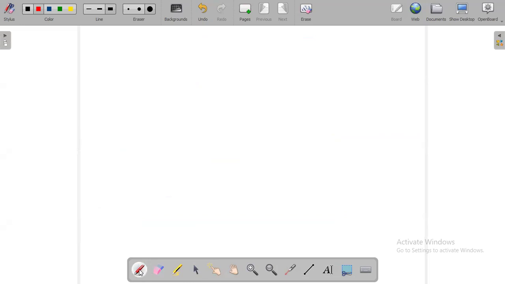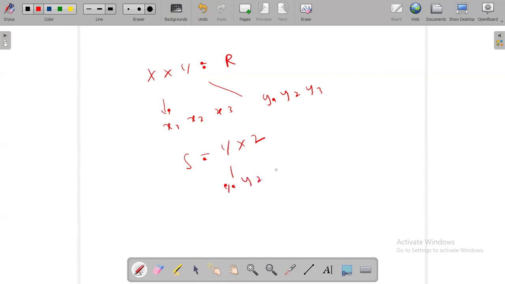Suppose I take two sets, x cross y, this is called a relation. Here x consists of x1, x2, x3 and y consists of y1, y2, y3. Now, one more relation, S equal to y cross z. It consists of y1, y2, y3 and z1, z2, z3. Now, these are two relations.